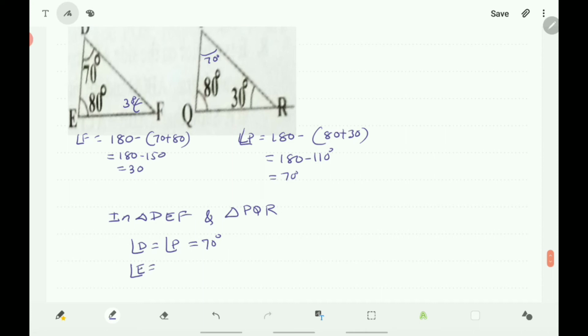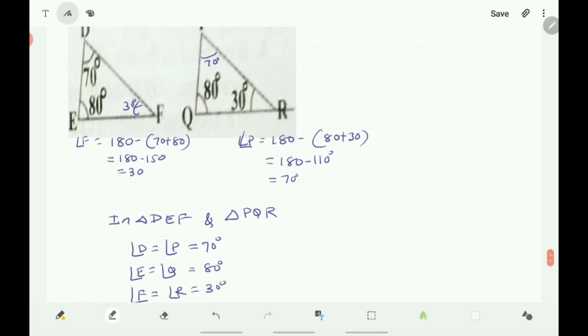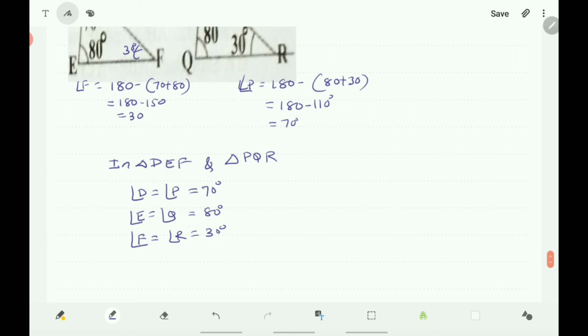Angle E is equal to angle Q, both 80 degree. Angle F is equal to angle R, both 30 degree. Therefore, triangle DEF is similar to triangle PQR. The criteria used is that three corresponding angles are equal. Therefore, the criteria is AAA similarity criteria.